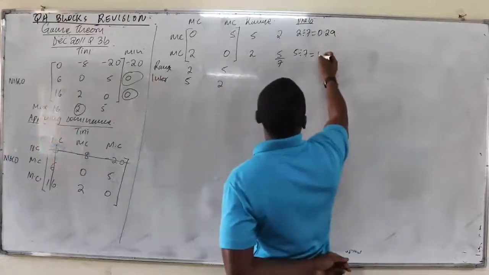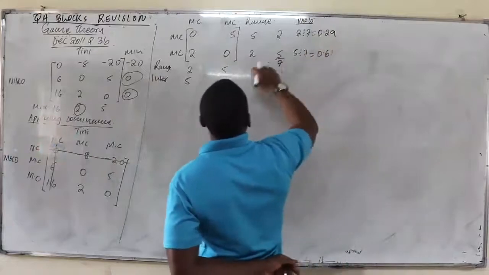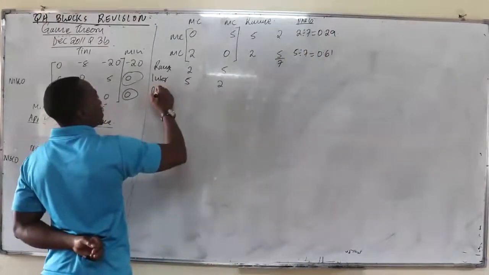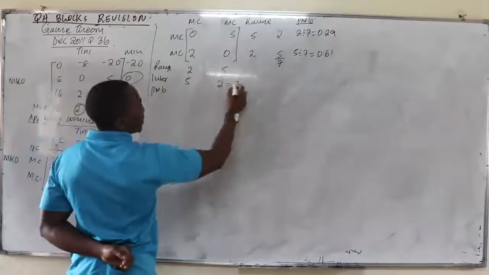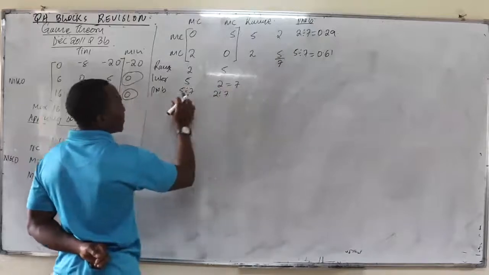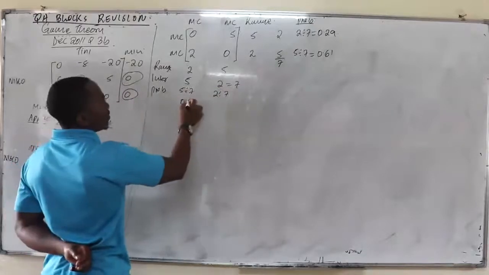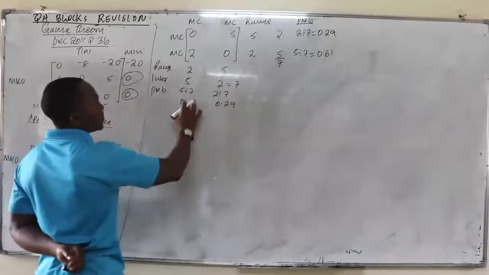So that means here we have 0.71. Same here, you get the probability. 5 plus 2, you get 7. So it will be 5 divided by 7, 2 divided by 7. Here you have 0.71, sorry, it should be 7, not 61.